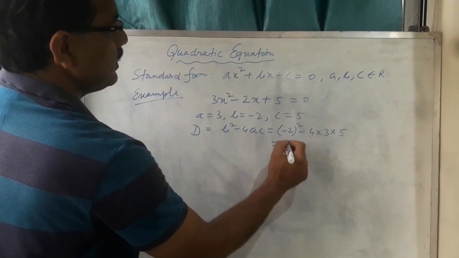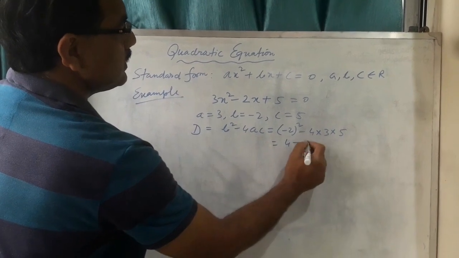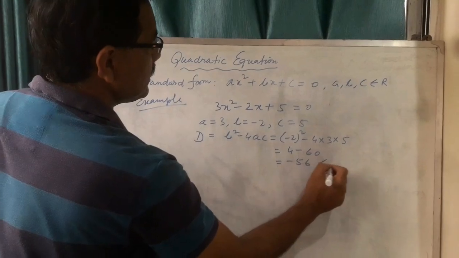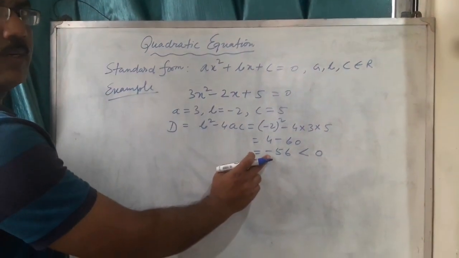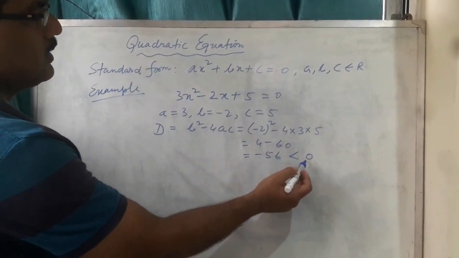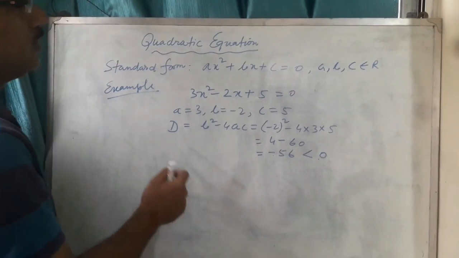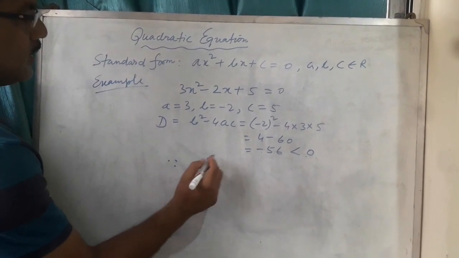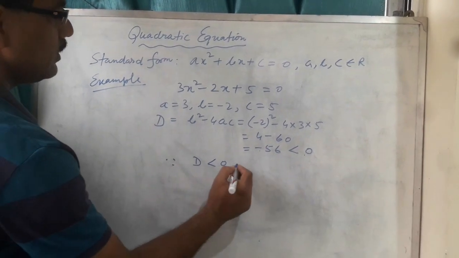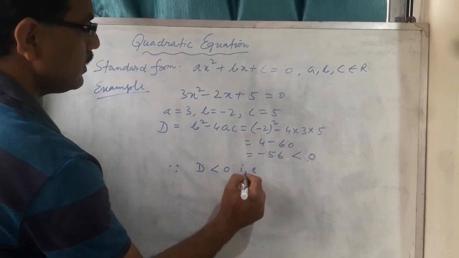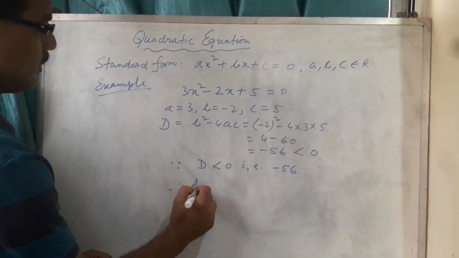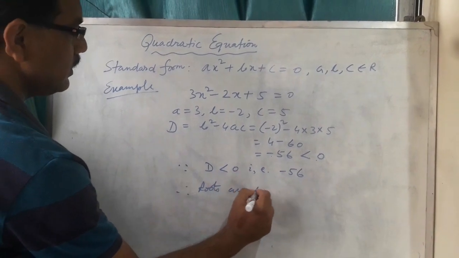So it is coming 4 minus 60, so minus 56, which is less than 0. Therefore roots are imaginary, since the value of D is less than 0.